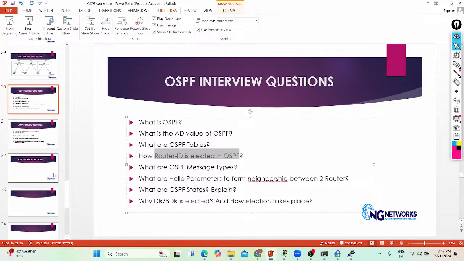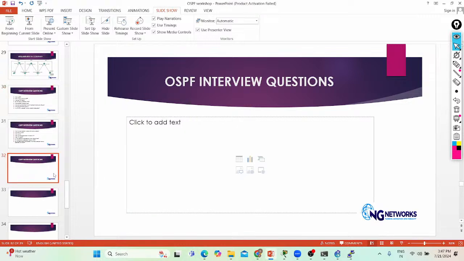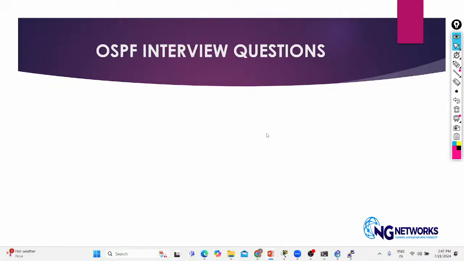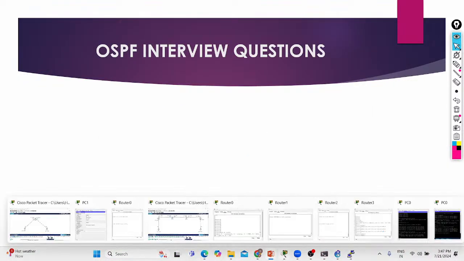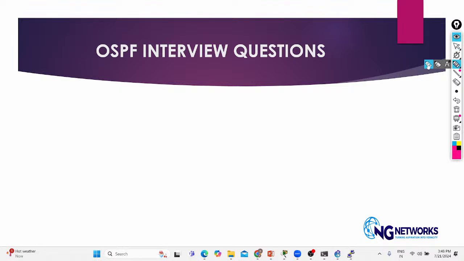For the router ID election, there are particularly three steps. You must have seen the router ID right now. So how did I decide which is my router ID? First is manual configuration. If you manually give the router ID, then it will take that router ID.